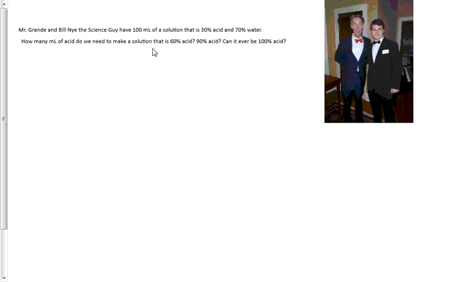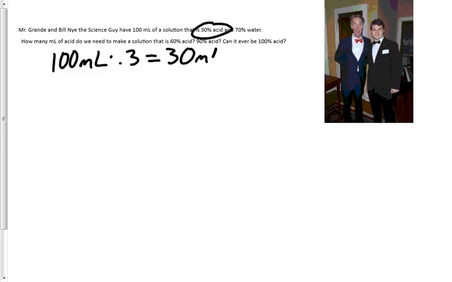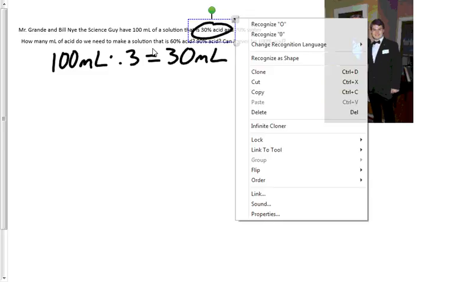My first step will be finding how much of my 100 milliliter solution is acid to begin with. I know 30% of this solution is acid, so 100 milliliters times 0.3, which is 30%, equals 30 milliliters. So I have 30 milliliters of acid in my original solution.